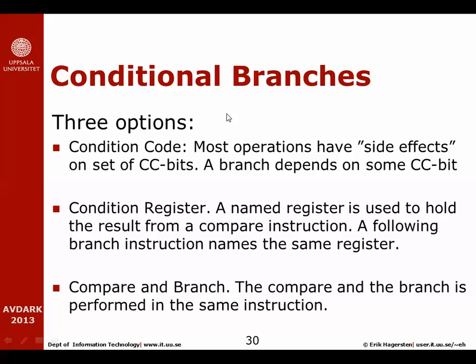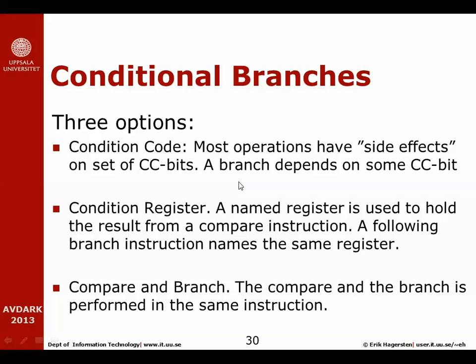When you decide how to handle conditional branches, there are 3 different options. One option, which is maybe a little old-fashioned these days, is to use condition codes. The way that works is that most instructions or operations executed have some kind of side effects on some condition code bits or condition code flags. And when you perform a branch instruction, you decide whether or not that branch is going to be taken depending on one specific one of these bits.